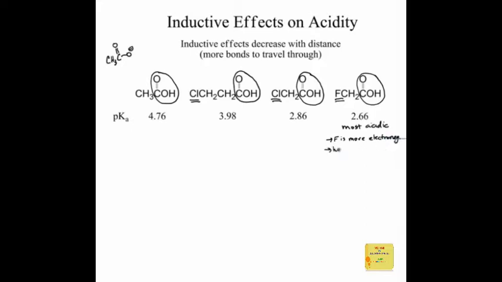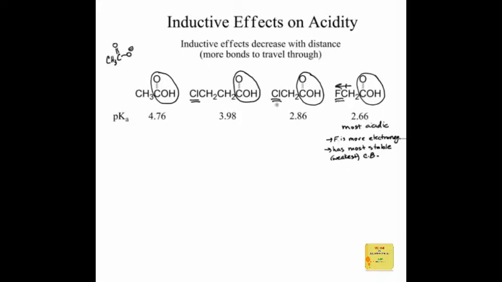Okay, so this has the most stable and therefore weakest conjugate base. That fluorine is going to help stabilize that conjugate base the best, right? It's going to pull electron density away from the conjugate base. That's going to be a good thing. So this is the strongest acid.